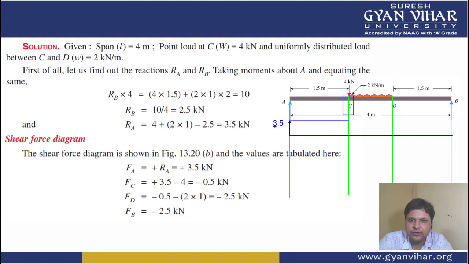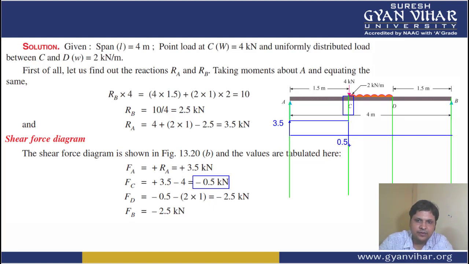If you add minus 4 to this 3.5, you will get minus 0.5. So at point C, the value becomes equal to minus 0.5.